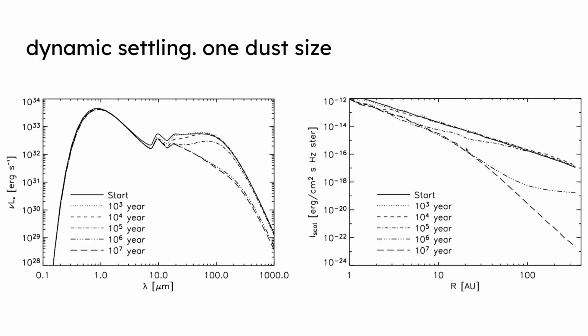At 10 to the 5 years, the intensity of scattering is pretty much as at the start for the outer regions, but then bam, at 10 to the 6 it drops by a few orders of magnitude.